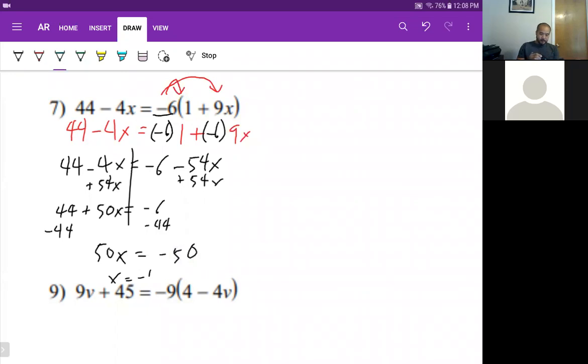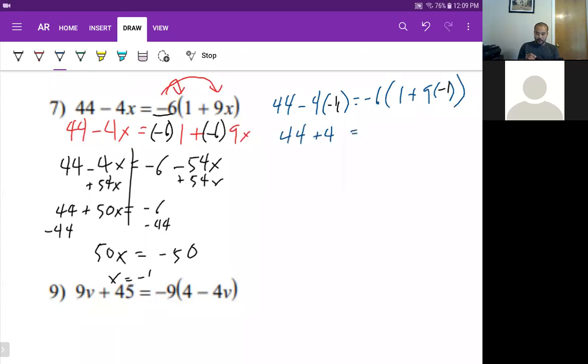Interesting, let's check it. So 44 minus 4 times x equals negative 6, 1 plus 9 times x. Okay, if we put negative 1 in here, over here on the left, it's going to be 44 plus 4.